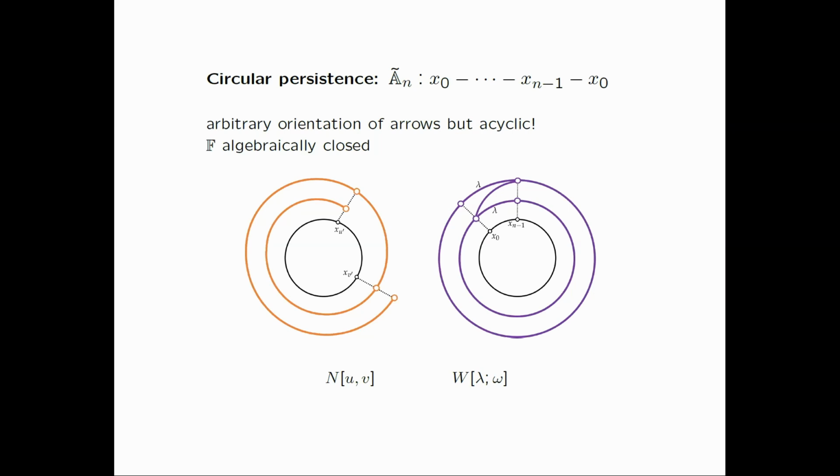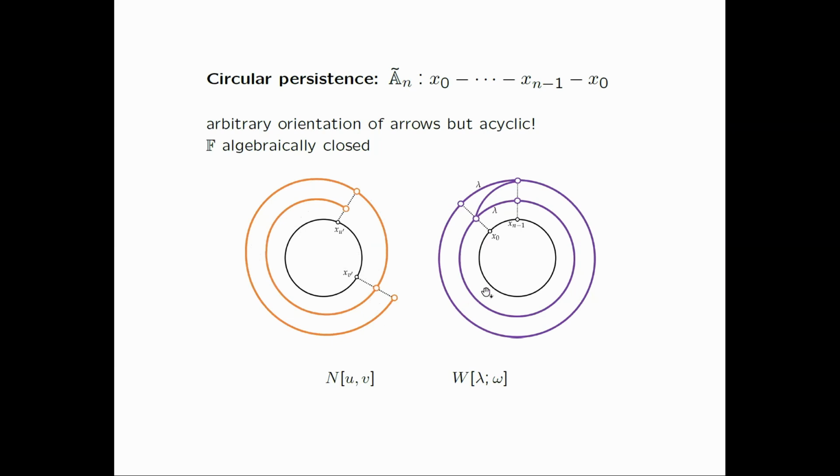And of course, I can go around many times, but this is a type of module that is indecomposable. So at this point, I have the vector space has dimension 2, as it does everywhere here, but then it goes down to 1. And the continuous line says that I'm picking the identity between all these maps.